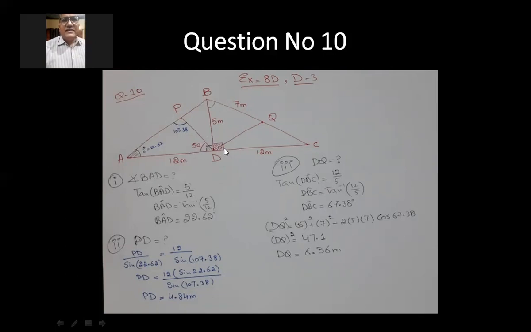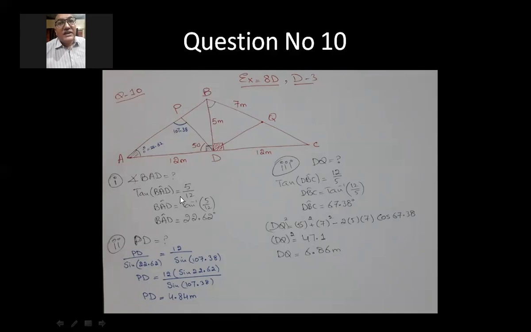So this angle here is 90 degrees, so the triangle BAD is a right angle triangle. I want to find this angle, let me call it the angle BAD. This is perpendicular and this will be the base, so I can use tan.